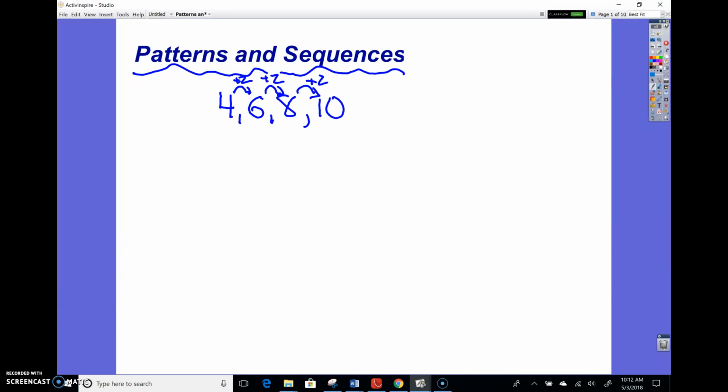So the first number, this is the first term, then the second term, the third term, the fourth term. So from the first term to the second term, you add 2. You're always doing the same thing. You add 2, you add 2, you add 2. What they're going to ask you to do is write an expression. They can ask you to write a formula.